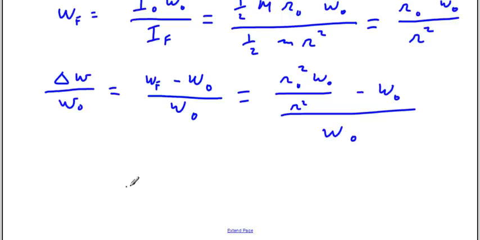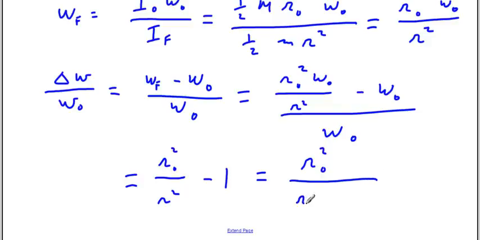Okay, so we end up having the omega naughts all go away, and we have R naught squared divided by R squared minus 1. And then we'll say, well, gee, that's R naught squared divided by R naught plus the change in R, squared, minus 1.